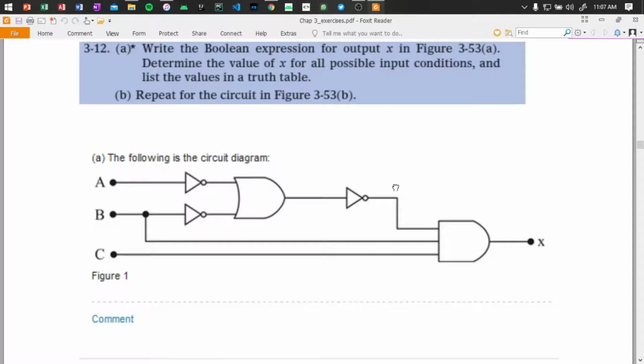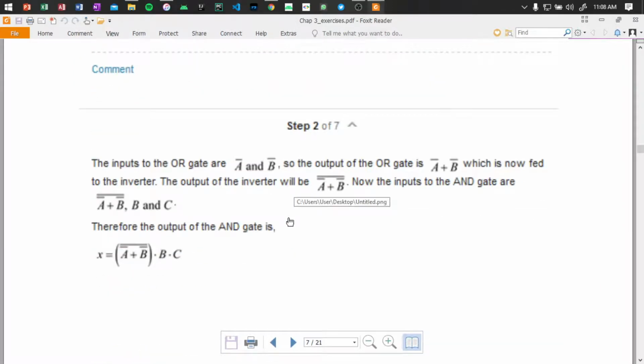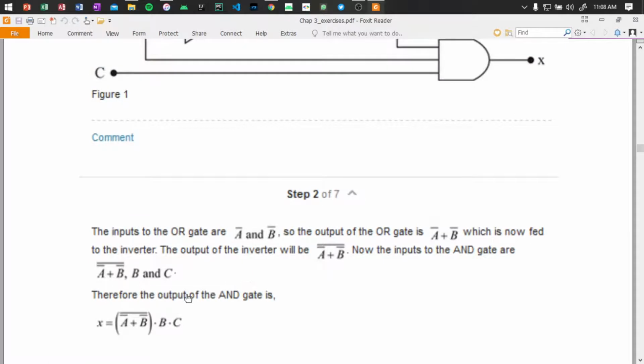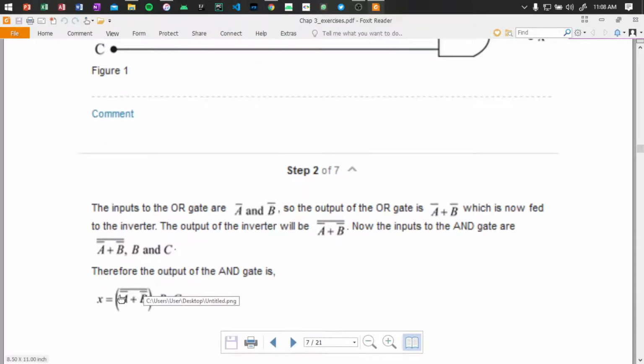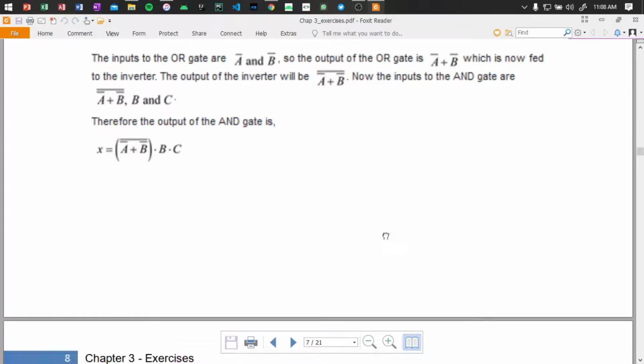All of them are A and B, now because of this gate here, then A times B. It is A plus B times B times C. Yes, this is a double complement, but we have to remove it because the negative of a negative gives us a positive. So A plus B times C.